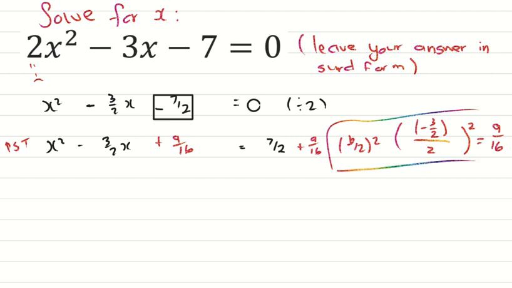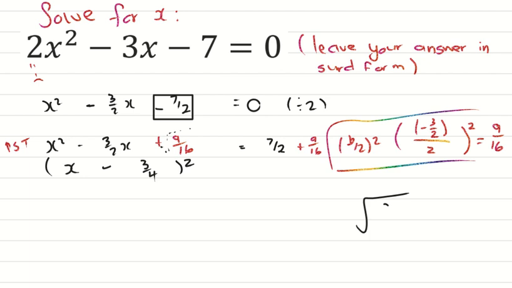Okay, now at this point, all we need to do is open up our brackets, put our little square, use the sign of the middle term. What is the square root of x squared? It's x. What is the square root of 9 over 16? Well, that is going to be 3 over 4. Miss, how did you know that? I'll show you.